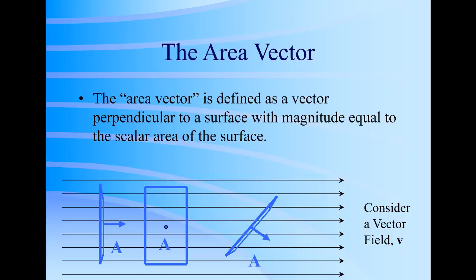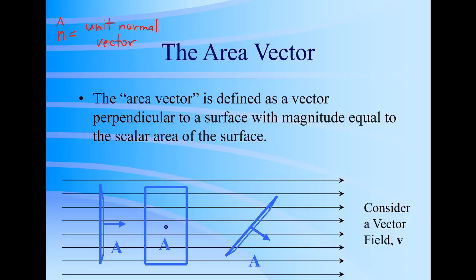Okay, so let's talk about the area vector. This is a vector that's perpendicular to a surface with a magnitude equal to the scalar area of the surface. So we're going to introduce a new unit vector, n hat. Now n hat can be in any direction we want, but this is called the unit normal vector. You may or may not have seen this notation before.